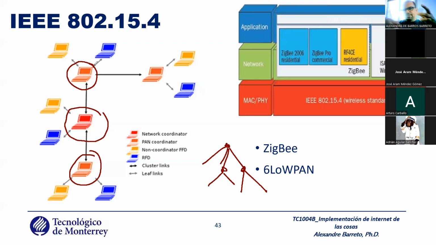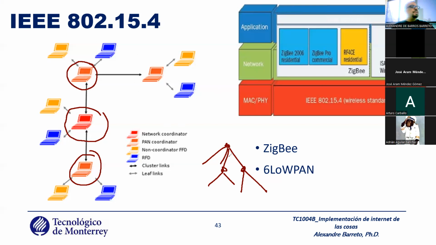After you select the network coordinator, you negotiate again and select, for example, one PAN coordinator for each floor in building one. And after that, you have nodes.